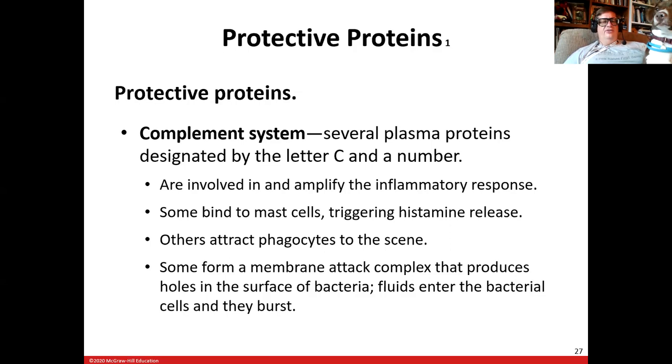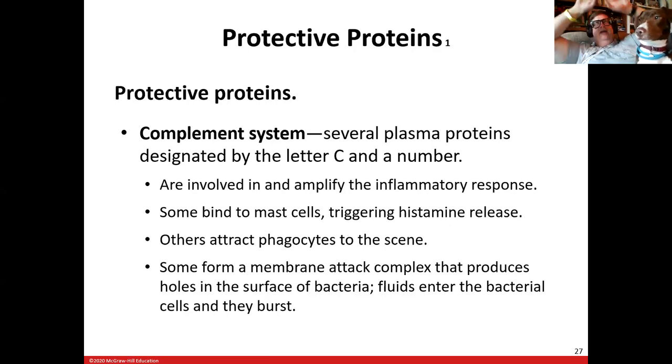So mast cells release histamines, and some of the other chemicals attract phagocytes. I'm talking about cells that eat things, meaning white blood cells, like the neutrophils, like the macrophages. And some of them will attack the surface of the bacteria and punch holes in it. This is so cool. The complement proteins, when they do that, they go to the bacteria and embed into the surface, and they're little C-shaped pieces of protein.